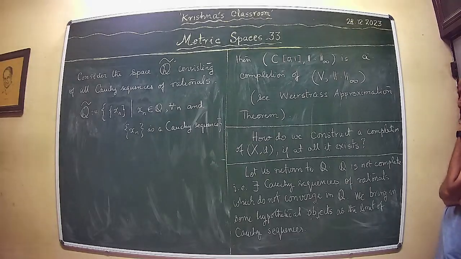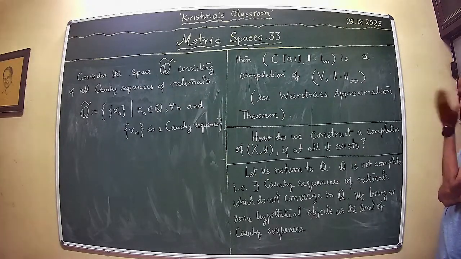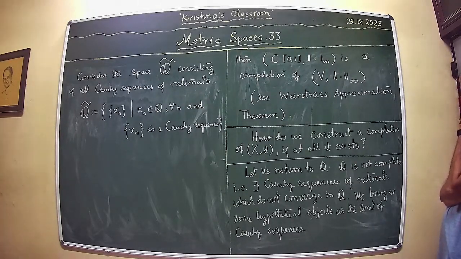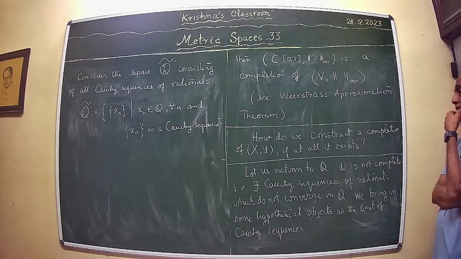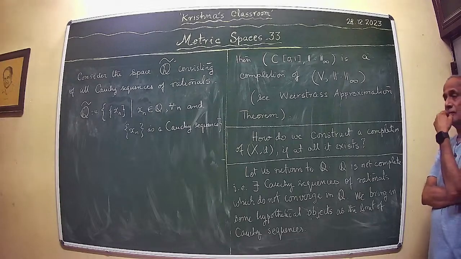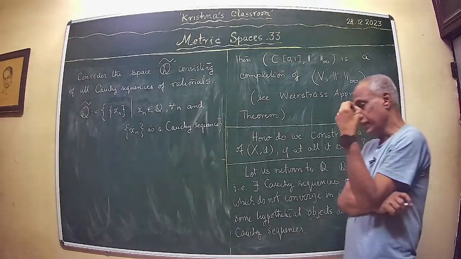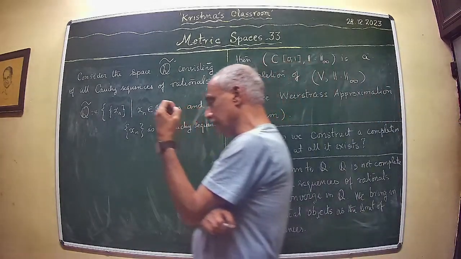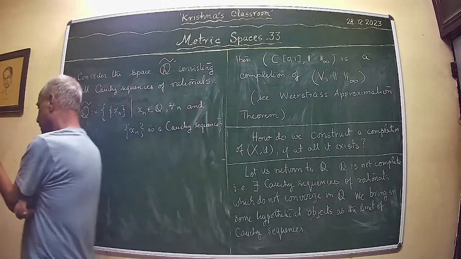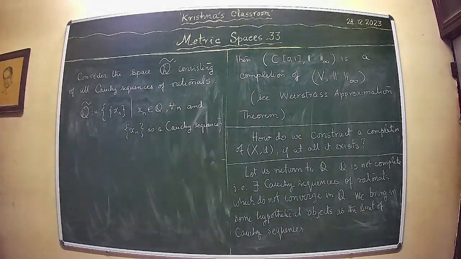Take a real number. What we have obtained through this process is the set of all reals. Now we see that if you take a real number, the real number can be obtained as the limit of a rational sequence.